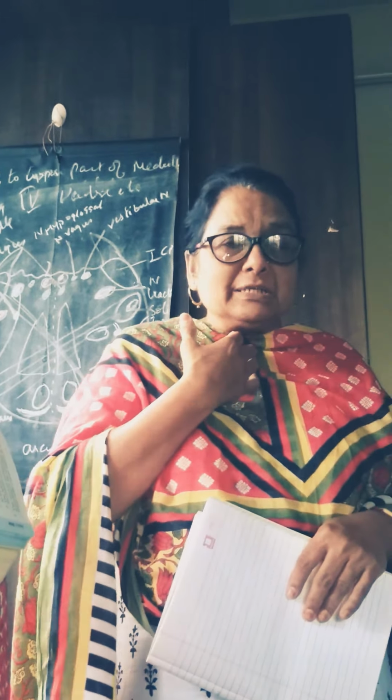And injury to the lower part of the medulla is very fatal, because in the lower part of the medulla there is the respiratory center and the vasomotor center. What will happen? Injury to the lower part, directly there will be failure of respiration, the patient is unable to breathe, and this can prove fatal. So this is all about the medulla oblongata.